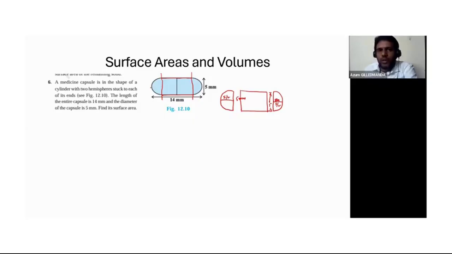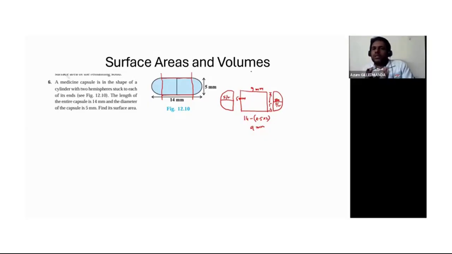So what will be this length? 14 minus 2.5 into 2. You agree? Here it is 2.5 mm and this is 2.5 mm. If I subtract, 14 minus 5, that is 9 mm. So basically, this cylindrical length is 9 mm and the diameter is still 5, even for the cylinder.